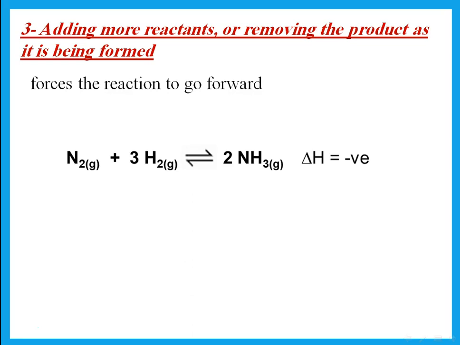It will try to go forward in order to go back to its original concentration. So, adding reactants in any reversible reaction or removing the product causes the reaction to go forward. That means the point of equilibrium will shift to the right and we will have a higher yield of the product.